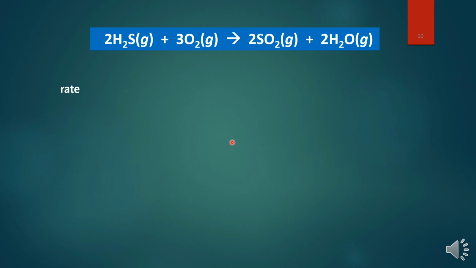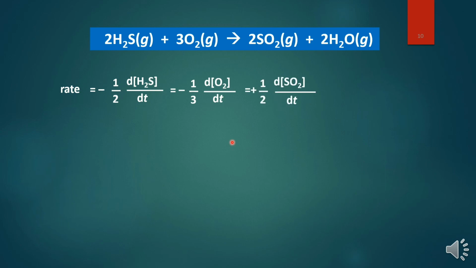So rate is equal to negative 1 over 2 change of hydrogen sulfide over time, negative 1 over 3 change of oxygen gas over change of time, positive 1 over 2 change of sulfur dioxide over change of time, equal to positive 1 over 2 change of water over change of time.